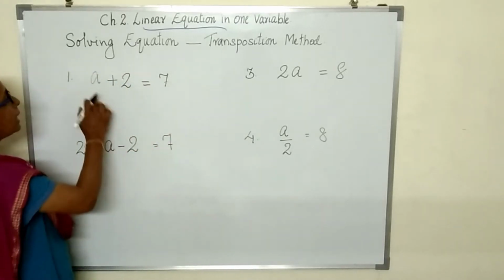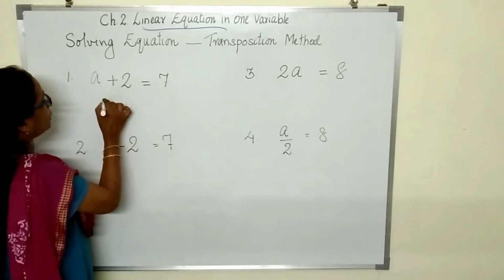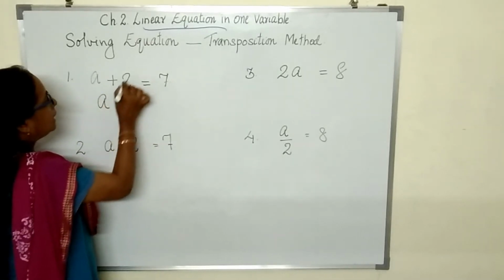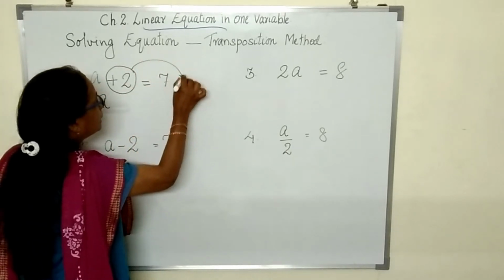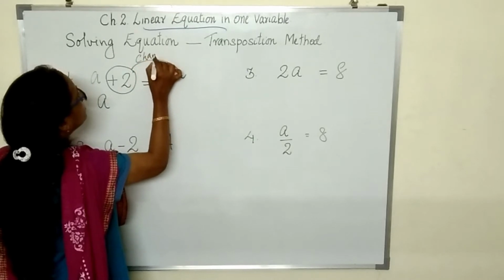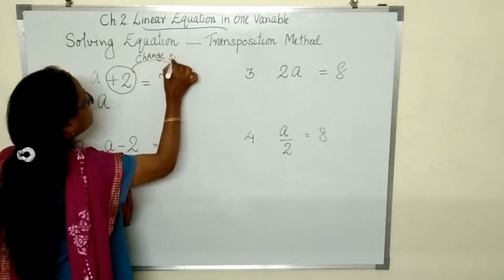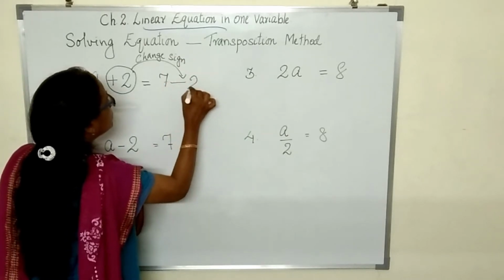Now see here, a plus 2 is equal to 7. So when you keep a here and take this 2 to the other side, what will happen? Change the sign. So it will become minus 2.